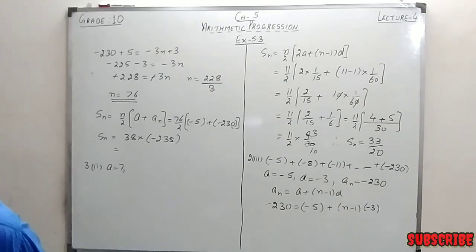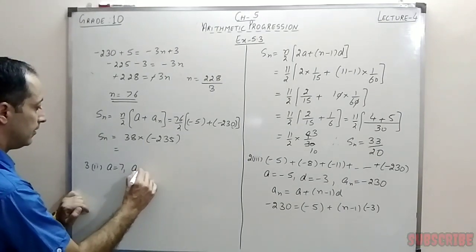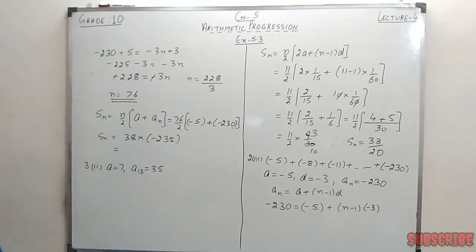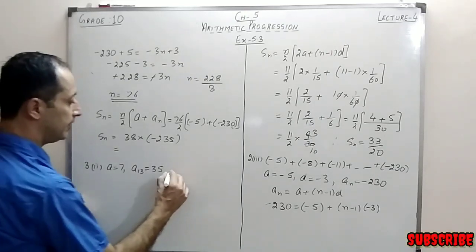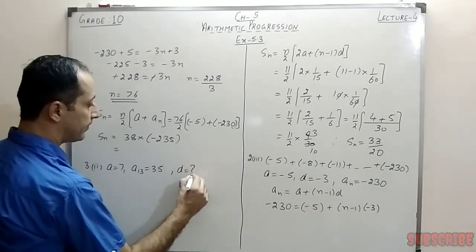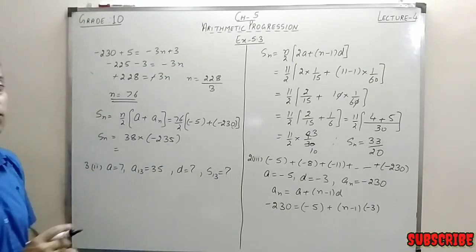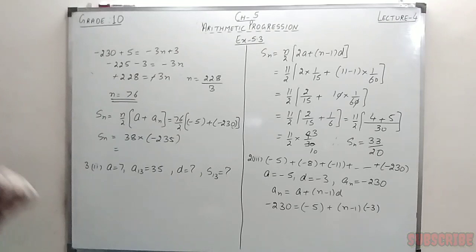The 13th term, a13, is given as 35. And what do I have to find? I have to find d and S13. I have to find the common difference, and I have to find the sum of 13 terms.